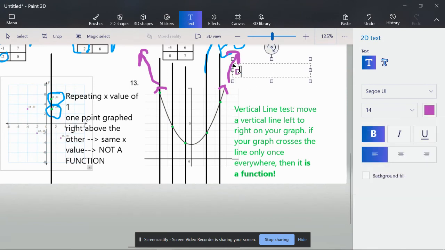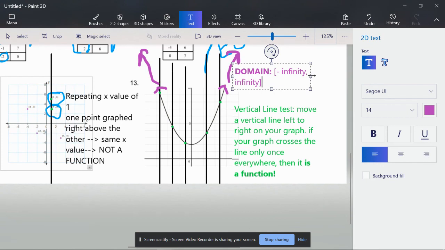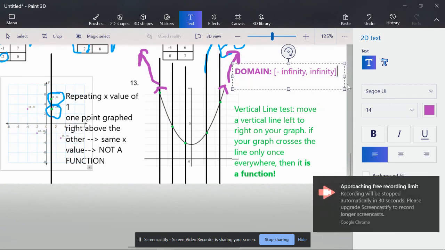our domain is going to be negative infinity, and again, draw the symbols up, that helps you, to positive infinity. Okay, the range is a little bit different though, because my graph doesn't keep going forever and ever this way.